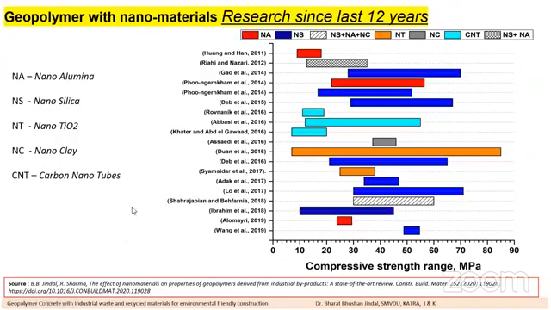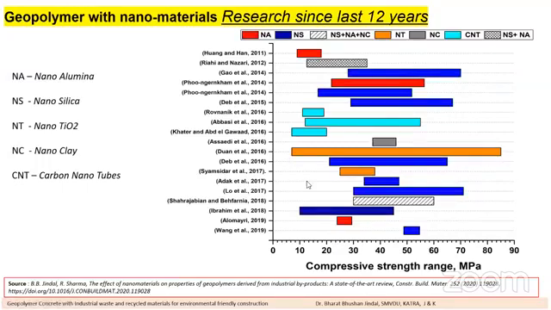Now, this is also from the same paper, the compressive strength range from various researchers. If we look at these graphs, this red color graph is for nano alumina, then nano silica in blue color, and so on. The interesting part is, when you evaluate this graph, you will find that the compressive strength range in research globally is nearly 10 MPa to 90 MPa.